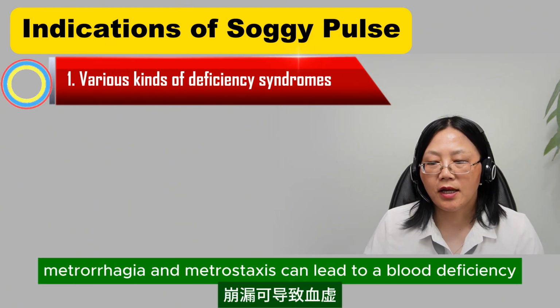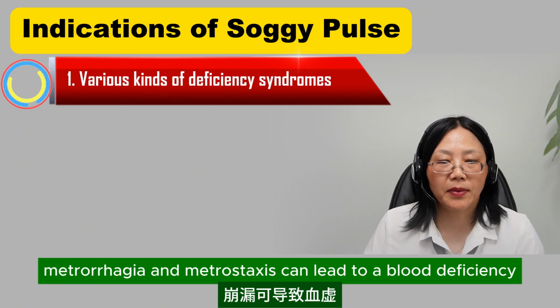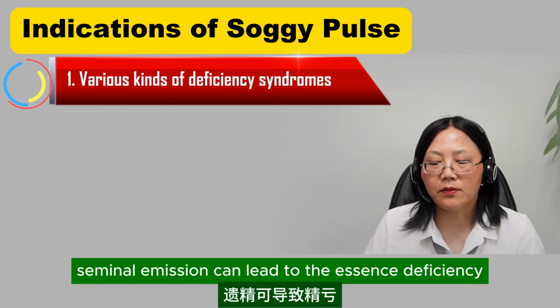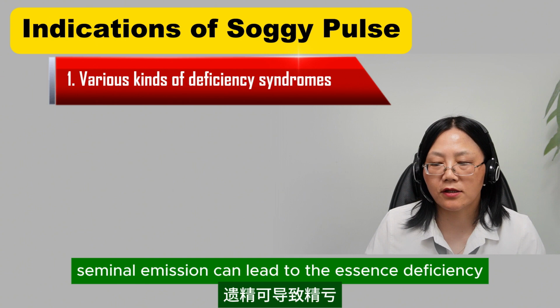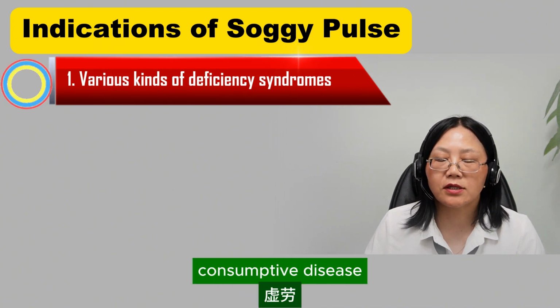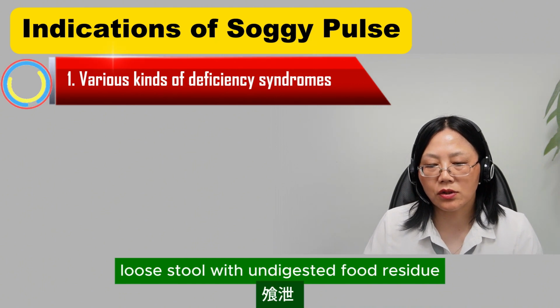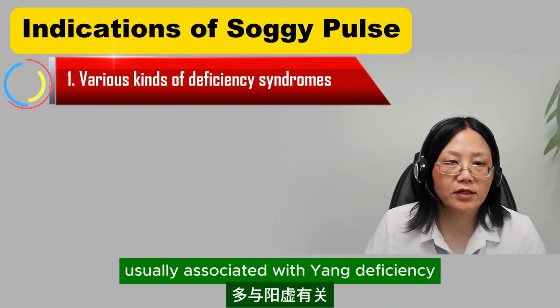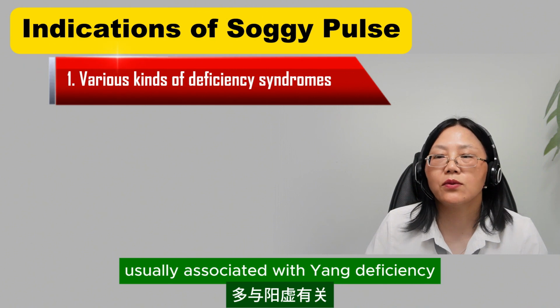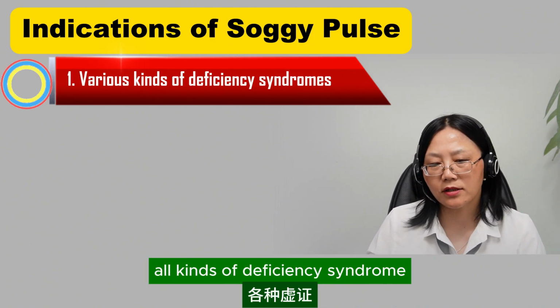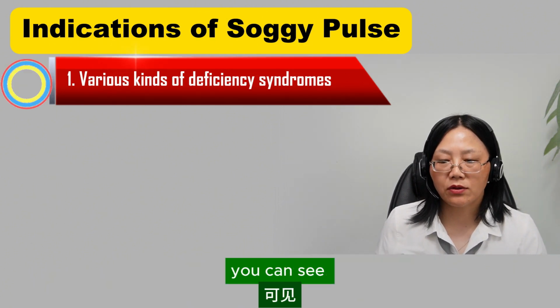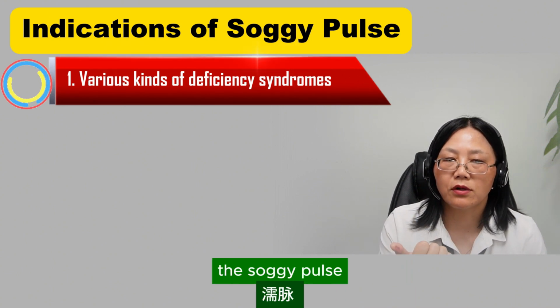Metrorrhagia and metrostaxis can lead to blood deficiency. Seminal emission can lead to essence deficiency. Consumptive disease is usually associated with yin deficiency. Loose stools with undigested food residue are usually associated with yang deficiency. In all kinds of deficiency syndrome, you can see the soggy pulse.